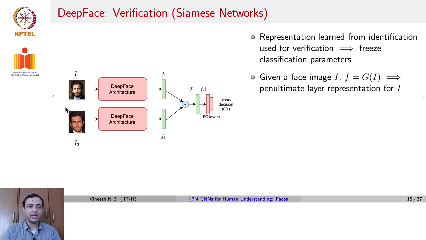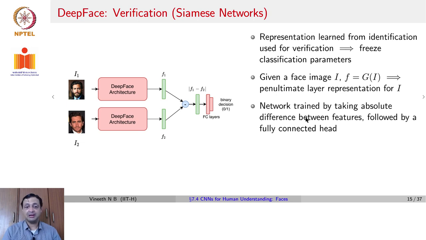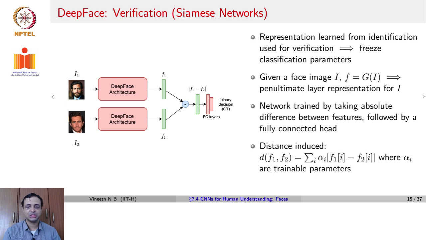Given a face image I and its corresponding image in the record which the person claims to be, you get two representations, F1 and F2, which is G of I1 and G of I2. The rest of the network is then trained by taking an absolute difference between F1 and F2, followed by a fully connected layer, and then your final binary decision as a sigmoid activation function.